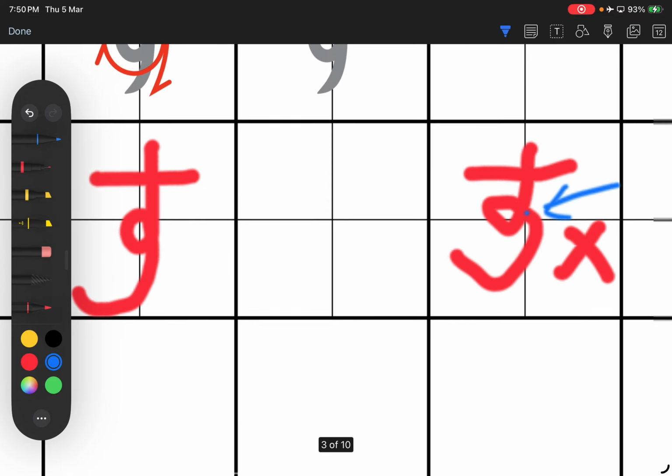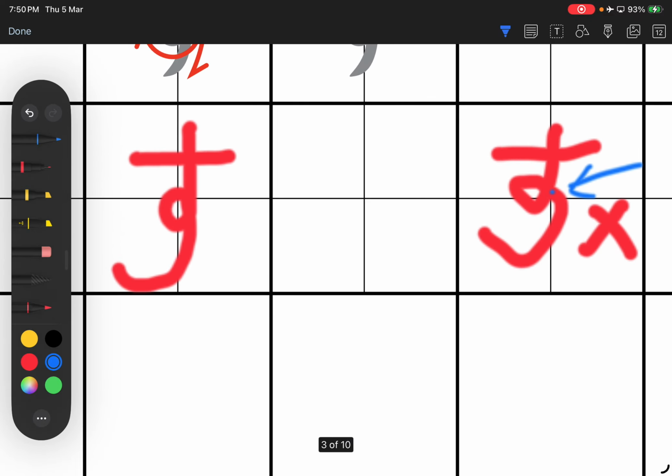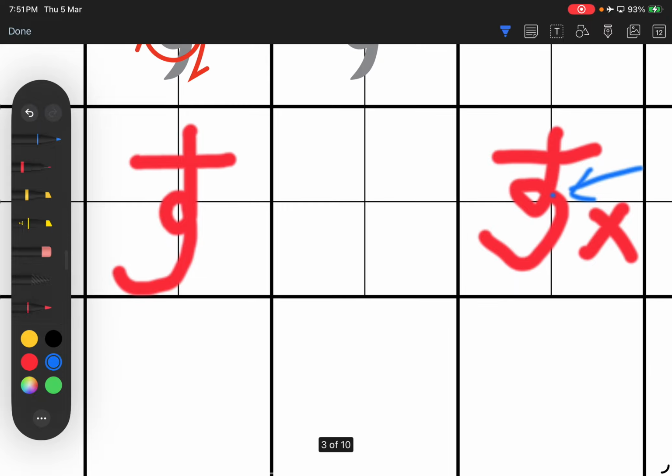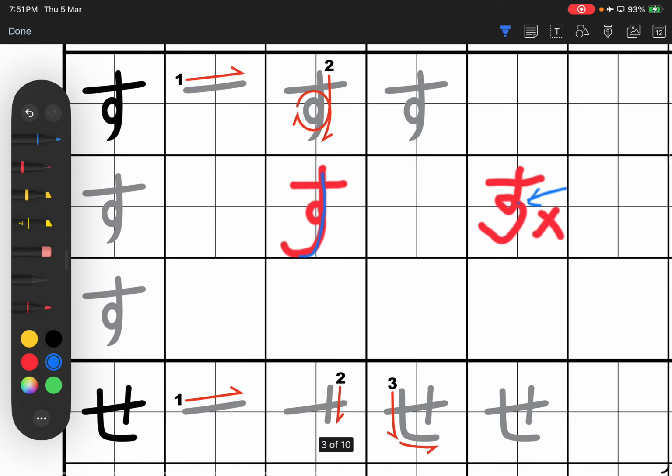So please don't write until it looks like a hunchback G, the slanted back G. Okay, so please give it a straight line downwards, with a loop in the middle.